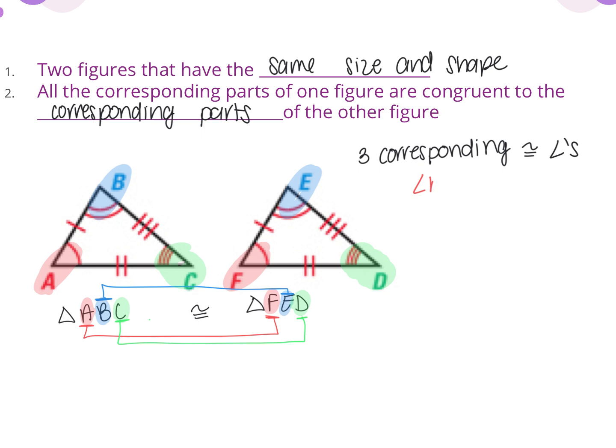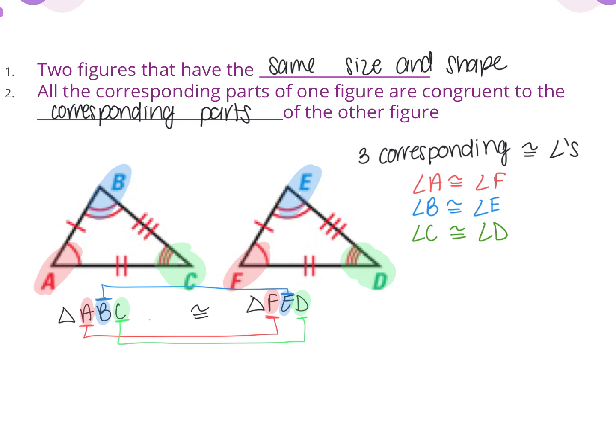Angle A is congruent to angle F. Angle B is congruent to angle E. And angle C is congruent with angle D. So that's what's congruent.